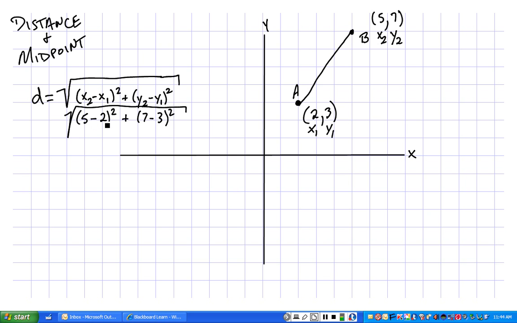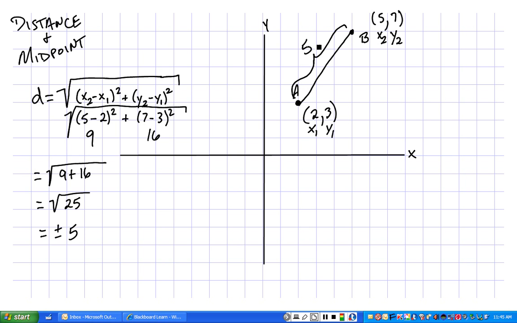So 5 minus 2 is 3, and 3 squared is 9. 7 minus 3 is 4, and 4 squared is 16. So now we're looking at 9 plus 16, which equals the square root of 25, which equals plus or minus 5. So the distance from A to B is 5 units.